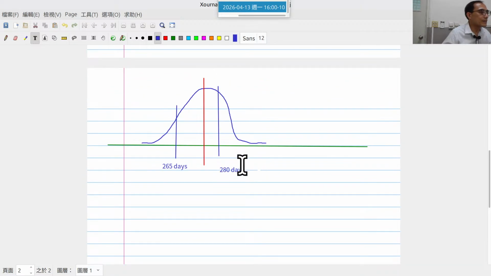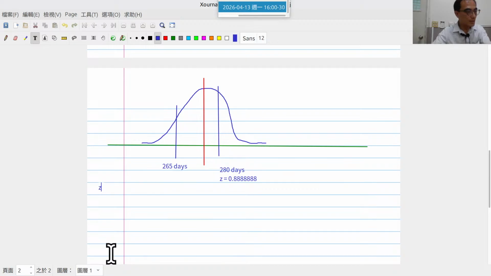The z-score here, z equals 0.888, like this one. How about the 265? Again, calculate the z-score.